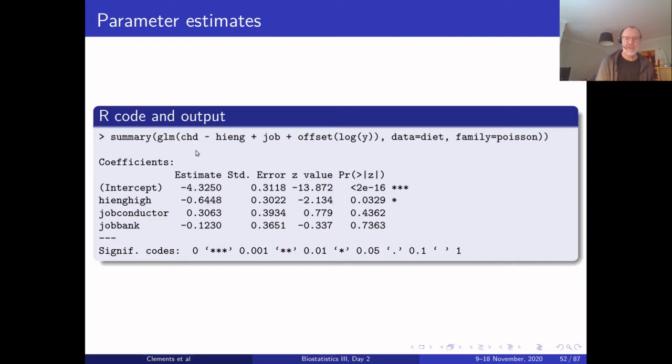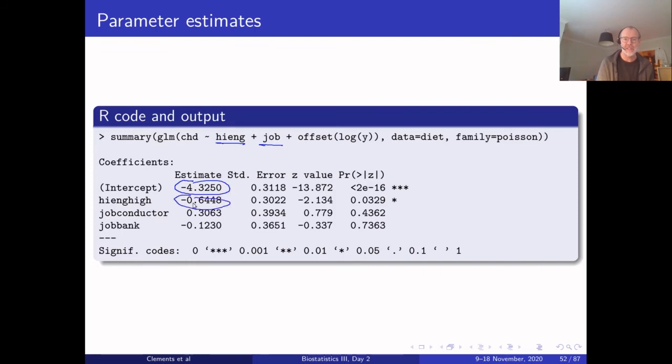So what we can do, instead of looking at the incidence rate ratios, we could also look at this in terms of the coefficients themselves. So adjusting for high energy and job, we find that this is the log rate for the baseline group.